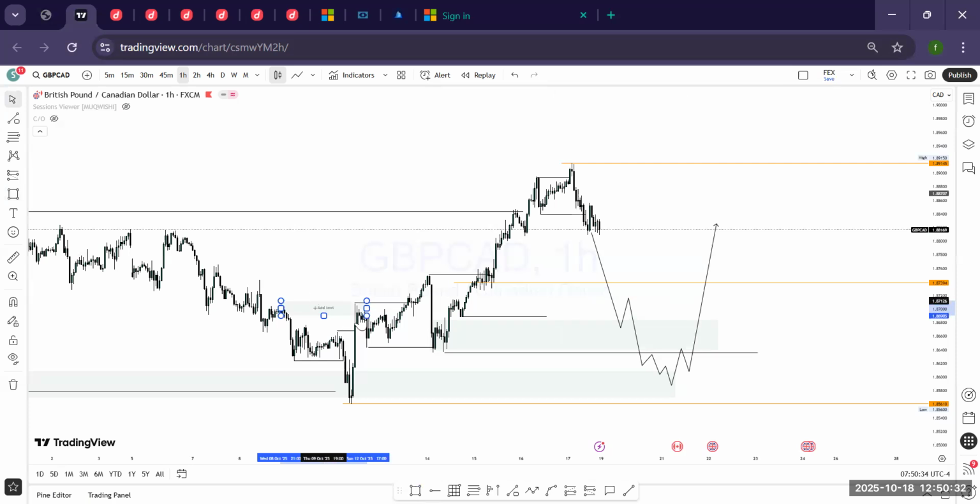If you don't see a wick and you see price coming back like this, it gave a break of structure. If it's not a wick, then that is not a liquidity sweep, it's a change of character. It will come down, come back and break another structure to fully confirm the change of character.